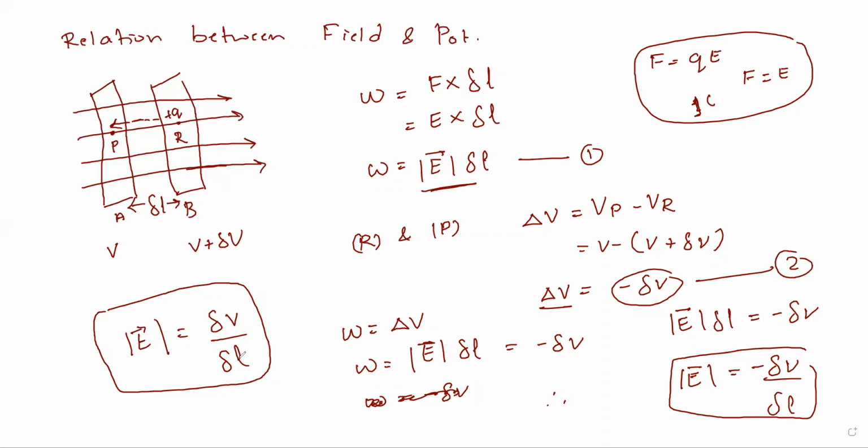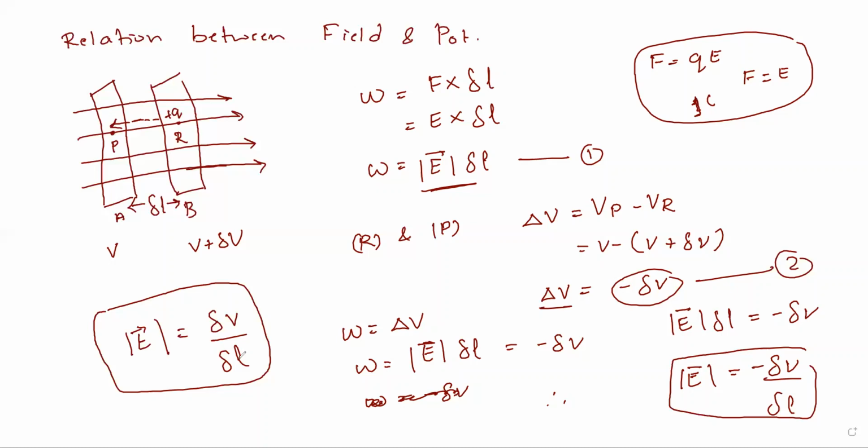There are two important conclusions regarding the relation between the electric field and the potential. The first conclusion is electric field is in the direction in which the potential decreases.